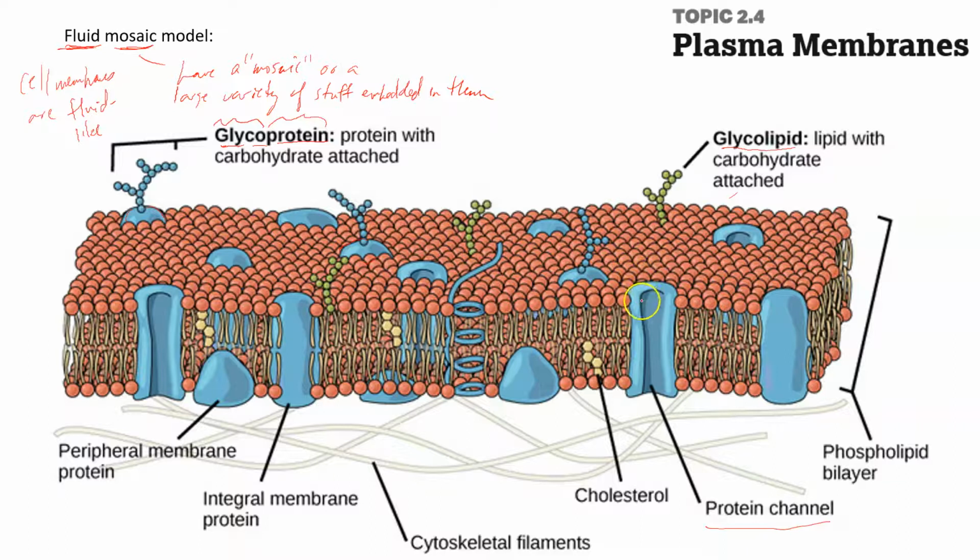If you'll notice, they have this little hole inside these proteins, to allow stuff to travel through this channel in or out, depending on what it is. You'll find a lot of cholesterol as well. This is a molecule you saw when we talked about biomolecules earlier. Cholesterol helps to give the membrane these fluid qualities to maintain flexibility. It helps to give it some stability in the structure.